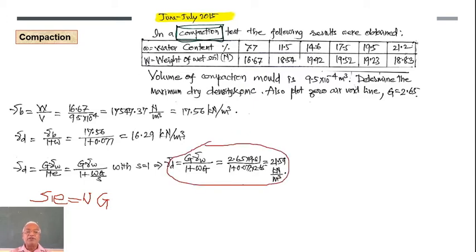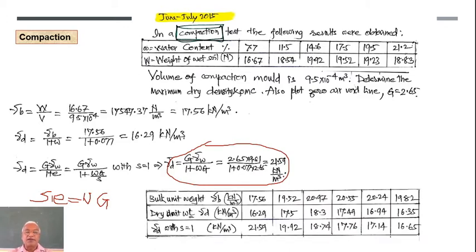I have got 21.5 with 0.077. Now if I change the water content, because all other things like G and gamma W are the same, only the water content is changing. If I change it to 11.5, the denominator increases slightly, because of that the value decreases.